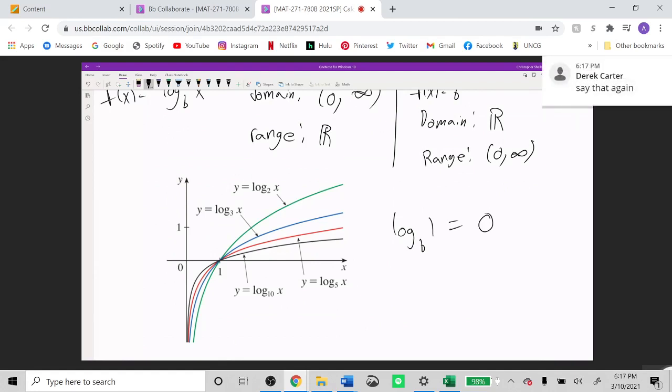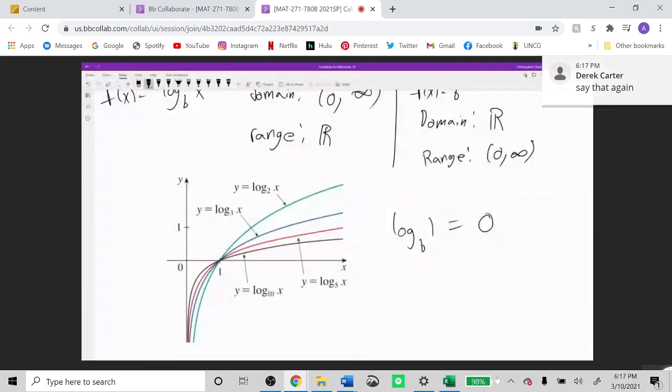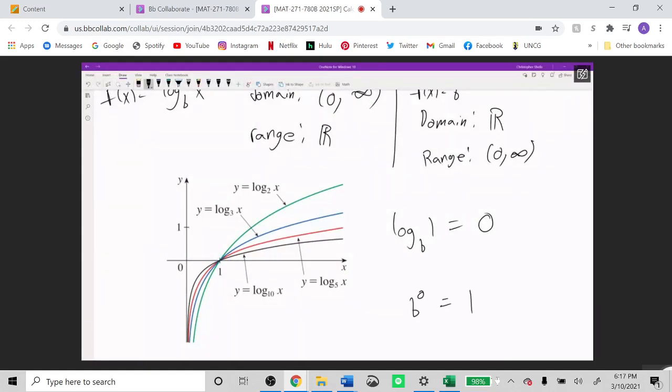So log base b of 1 is 0 because b to the 0th power is always 1. Any number to the 0th power is 1. Does that make sense?